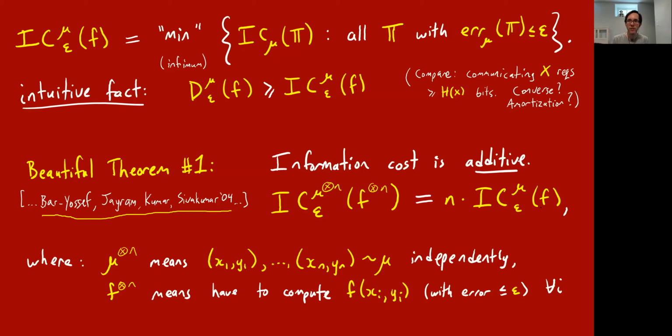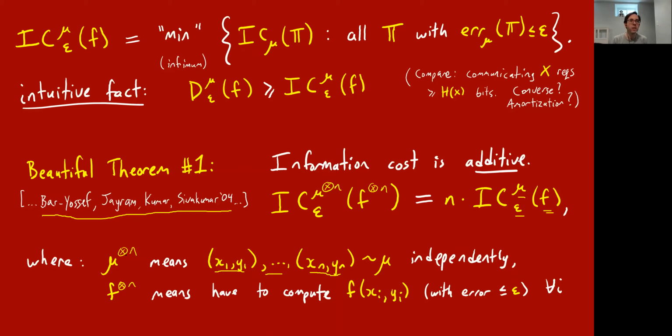It says, let's say you have some function f that you're trying to compute, some target error epsilon, and some distribution mu. That's one problem. Now imagine that Alice and Bob have to solve f n times, and you get n independent inputs: x1, y1 drawn from mu, which are not independent of each other, but are independent from x2, y2, and from xn, yn.